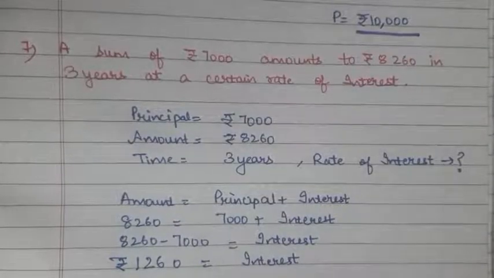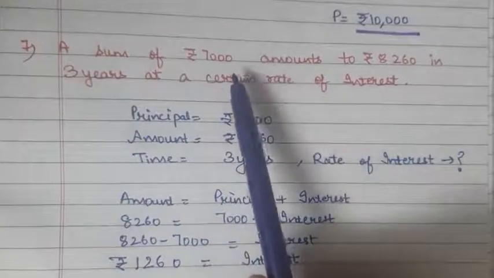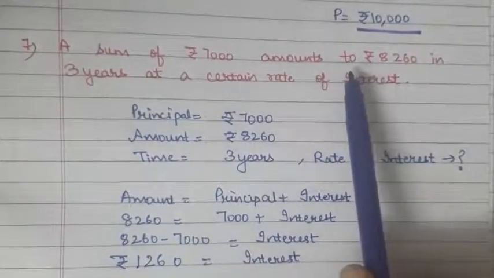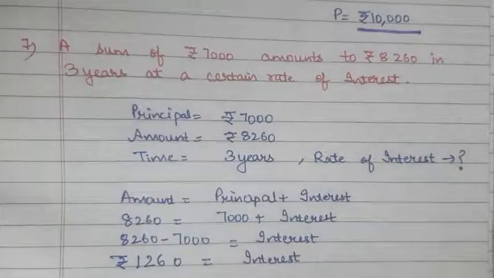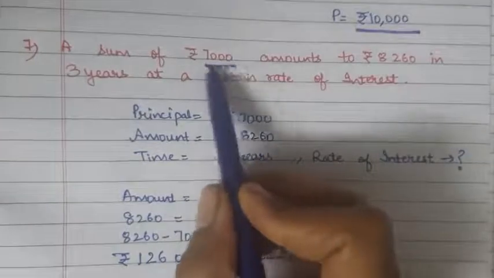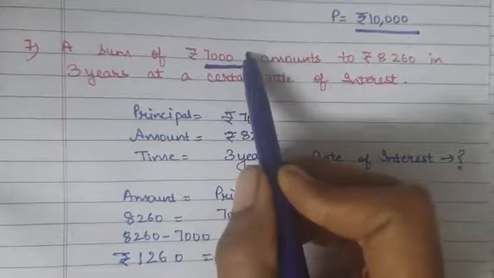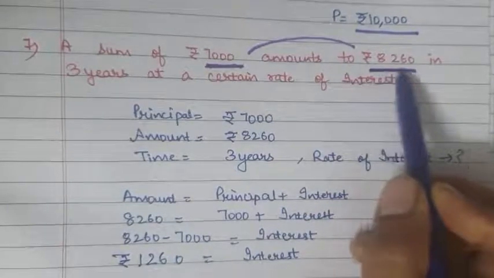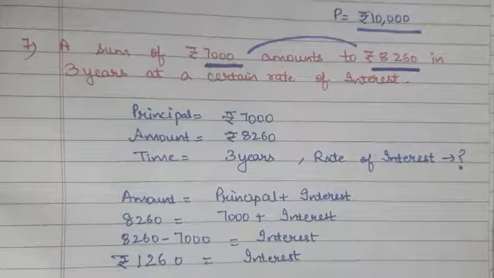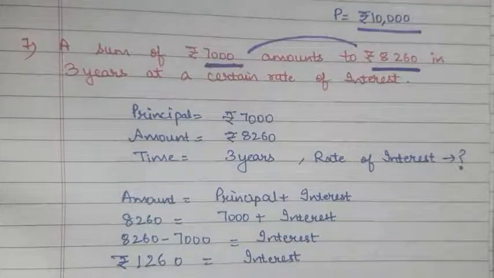In next question, a sum of 7,000 rupees amounts to 8,260 rupees in 3 years. It means principal is 7,000 and amounts to rupees, this means amount is 8,260. In how many years? In 3 years. And you have to find out the rate of interest.